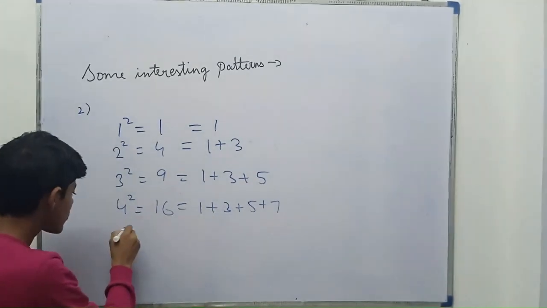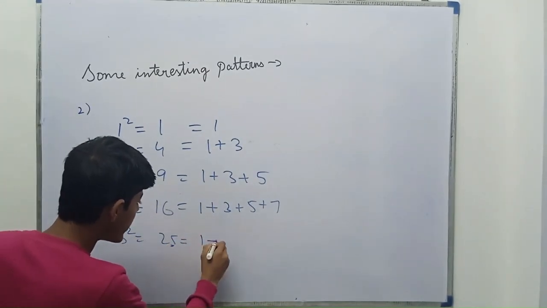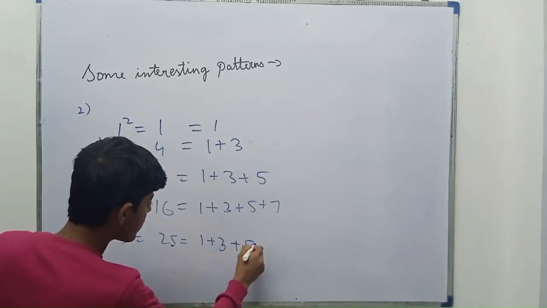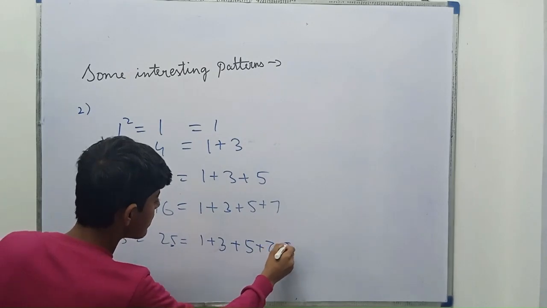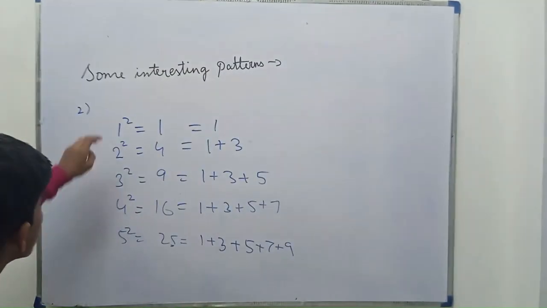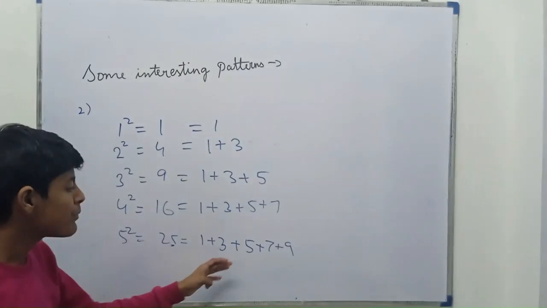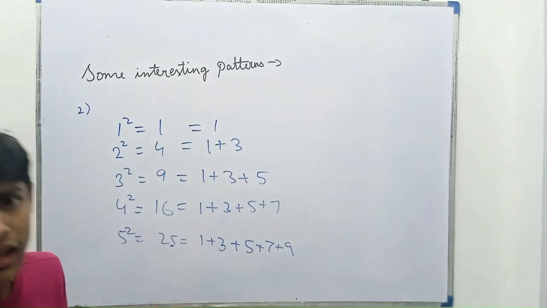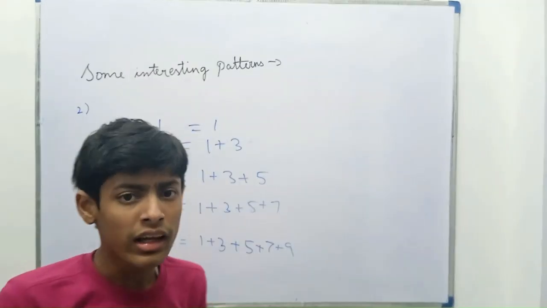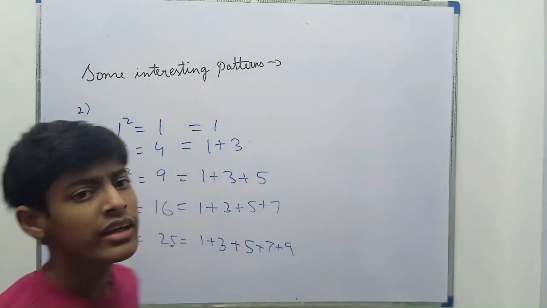Square of 5 is 25, which we can write as 1 plus 3 plus 5 plus 7 plus 9. So like this, if we add odd numbers, we will get the square of each number, and 6 squared will be 1 plus 3 plus 5 plus 7 plus 9 plus 11. And it will continue till infinity because there are infinite numbers. Now let's see another interesting pattern.